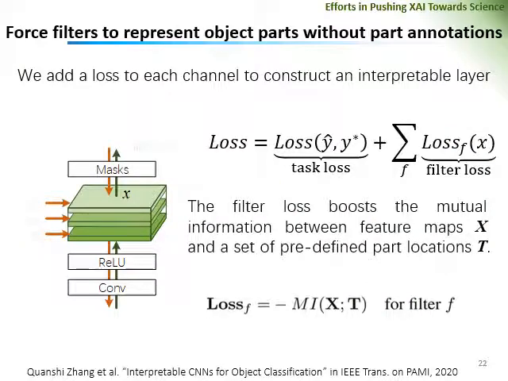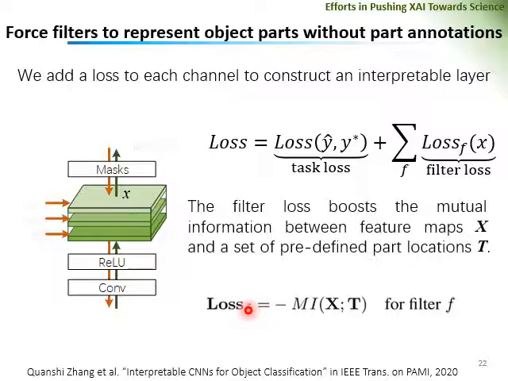We simply add a certain loss, namely the filter loss, to each channel of a specific feature map or a specific layer. The filter loss just pushes the feature representation of a single channel into the representation of a specific object part, but this loss does not need any annotation of the object parts.